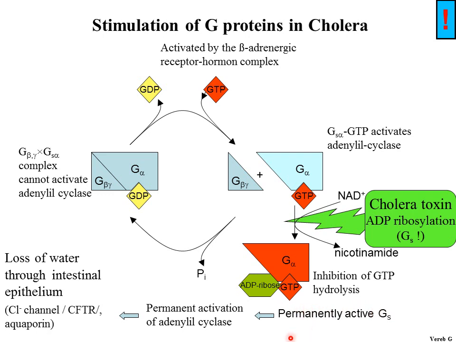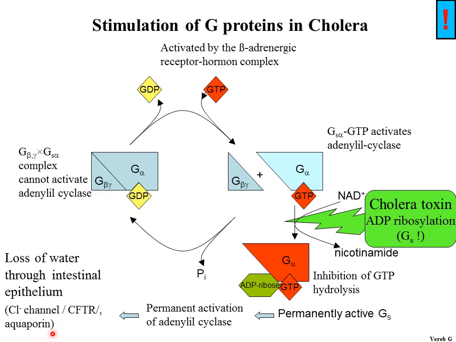So it produces, through adenylate cyclase, a lot of cyclic AMP, and that activates protein kinase A. And protein kinase A phosphorylates various molecules, including the CFTR chloride channel, which you learned with ABC transporters, and also aquaporin proteins.